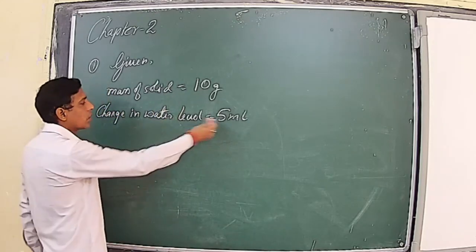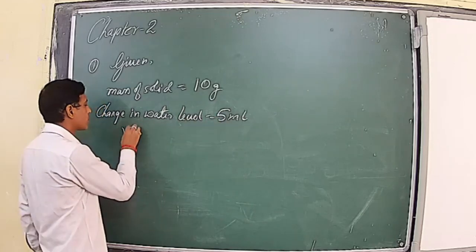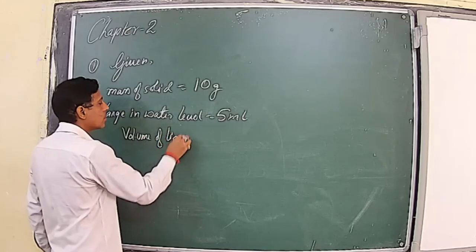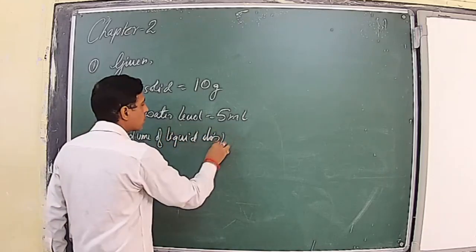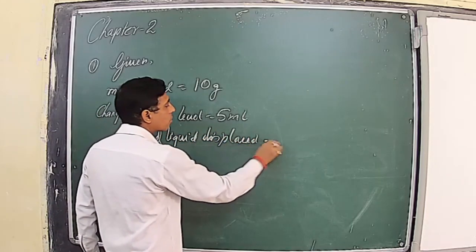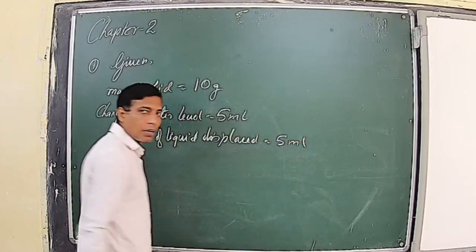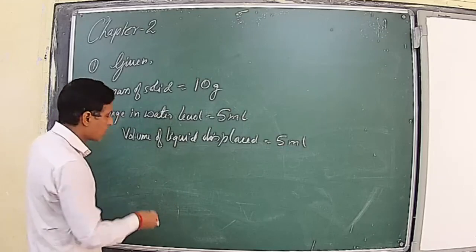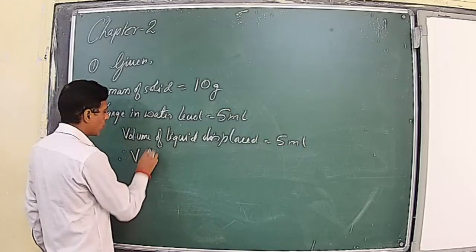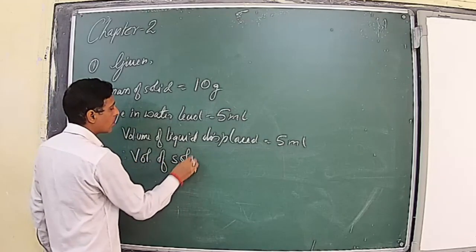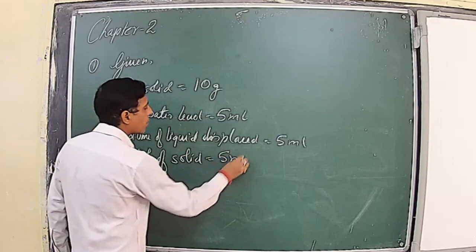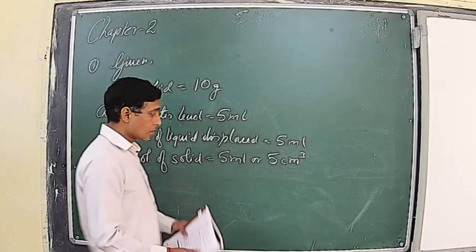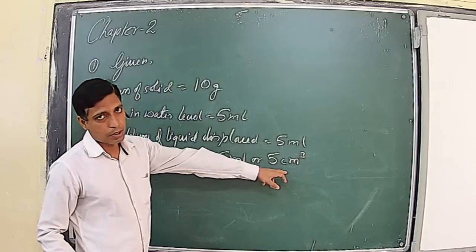So change in water level is 5 ml. It means volume of liquid displaced is equal to 5 ml. And the volume of liquid displaced will be equal to the volume of solid submerged. Therefore, volume of solid will be equal to 5 ml or 5 cubic centimeter, because 1 ml is equal to 1 cubic centimeter.